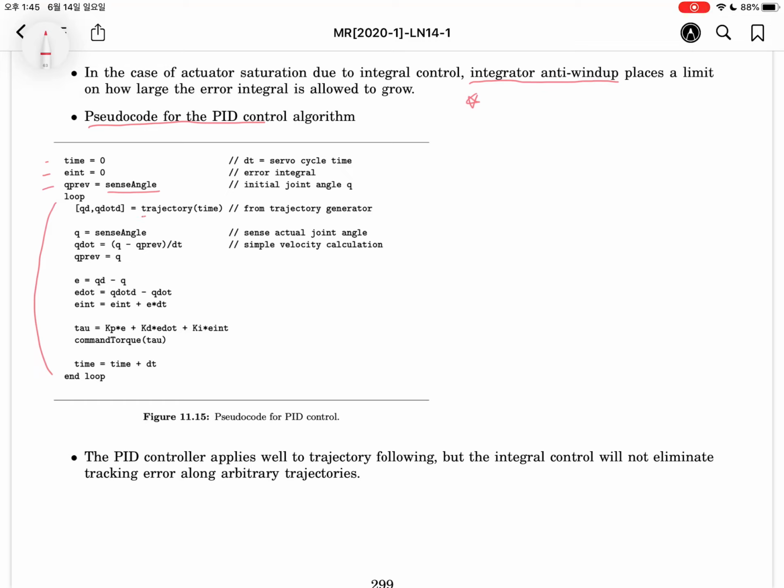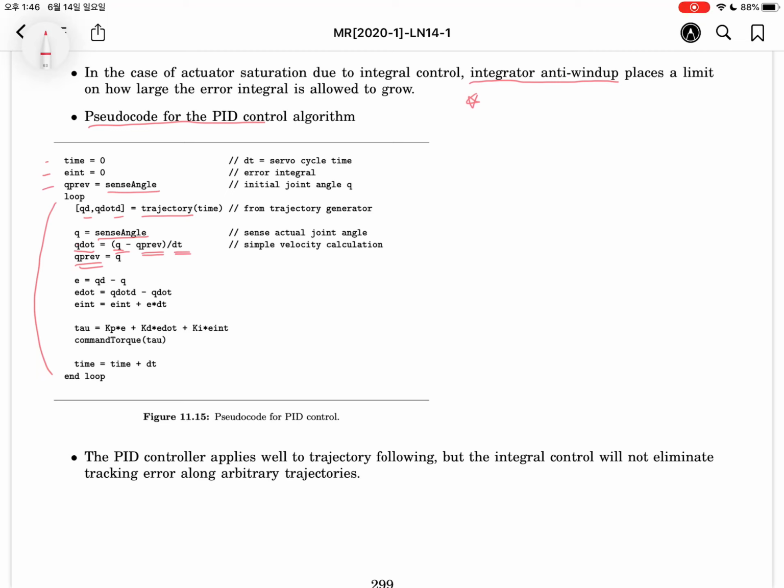The desired trajectory is generated, so qd and qd dot will be obtained from this function, and then q is measured from the robot system, and q dot is calculated using the current q and the previous q by dividing by the sampling time. And then q is assigned to the previous q to calculate q dot the next time.